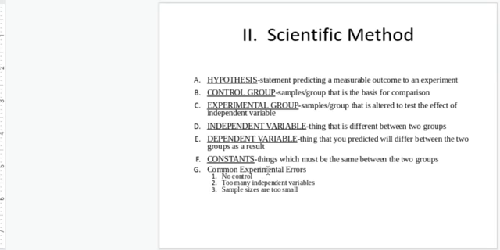Frequently, the experiments that they show on those tests have no control. Or maybe Mary has one group of boys not exercising and one group of girls exercising and then checks their pulse. So that's too many independent variables. Both exercise is a variable and their sex is a variable.